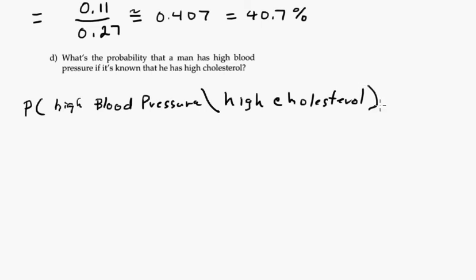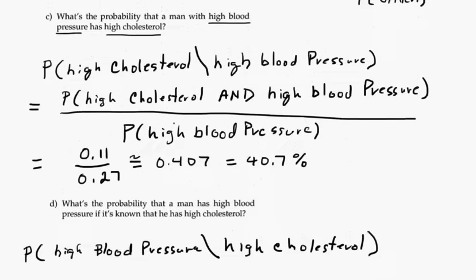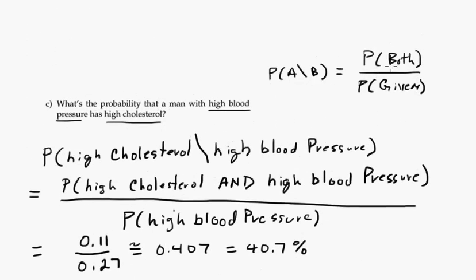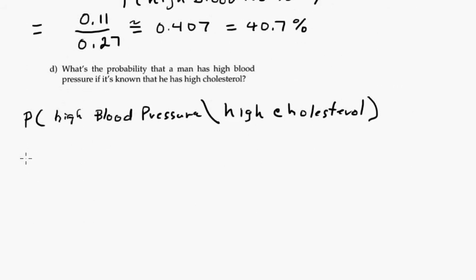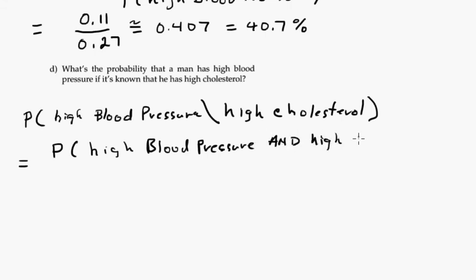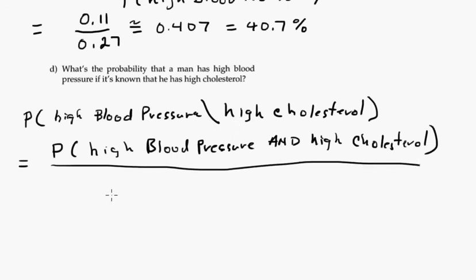Very similar to the last one, we're going to use the same formula again. That's going to be the probability of both divided by the probability of the given. So that's the probability of both high blood pressure and high cholesterol, divided by the probability of the given, high cholesterol.